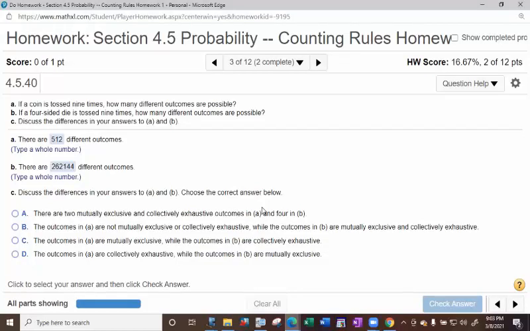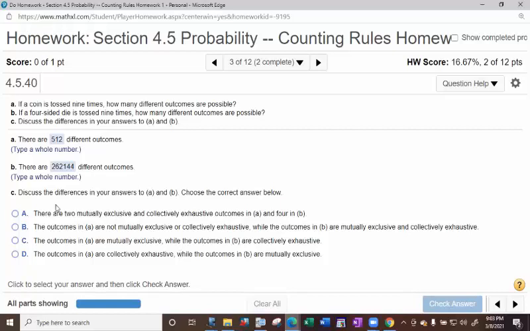Collectively exhaustive means the complement is going to contain everything in the set. I'm trying to figure out what's the difference between B and A. A has H and T, 2 outcomes. D has a 4-sided die, we'll say 1, 2, 3, 4. They're similar ideas. I'm trying to figure out these answers C and D where they're giving different results. I don't see what would make it different between the two. I would think they would have the same results.